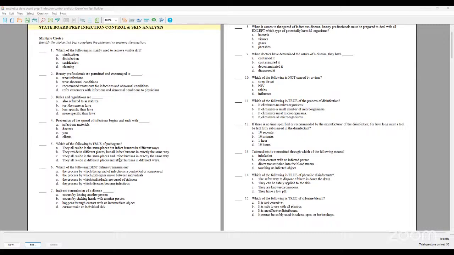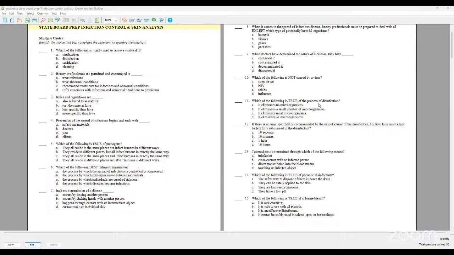If you touch the object after I touch the object, that's indirect transmission. Number 7 is C, happens through contact with an intermediate object, which means it's in between. 7 is C.